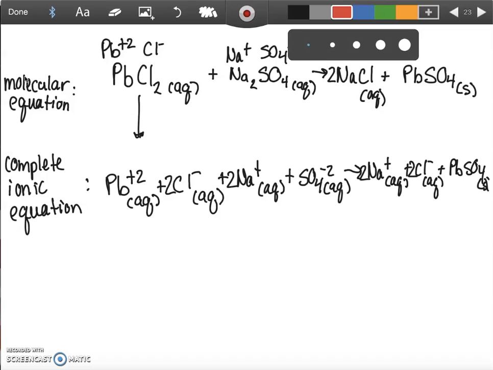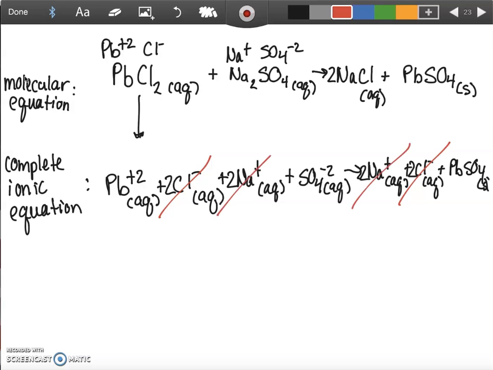So that Pb2+, we need to leave it because it's a part of PbSO4. The Cl- is not a part of the PbSO4, and it's the same on both sides, so those can go away. Same with the sodiums. And we need to keep that SO4 2- because SO4 is in the formula for the solid.